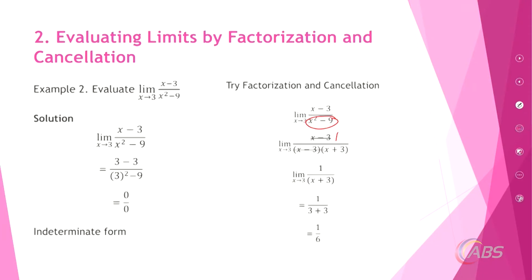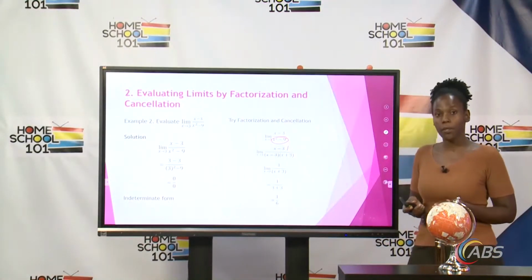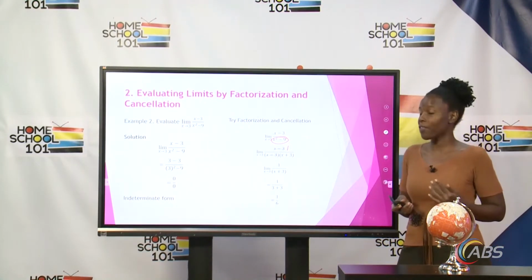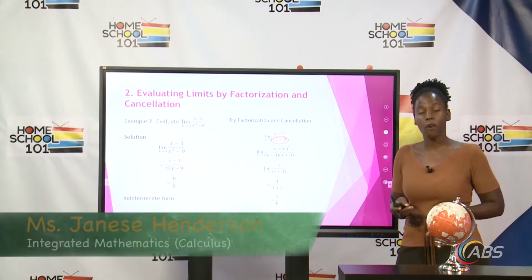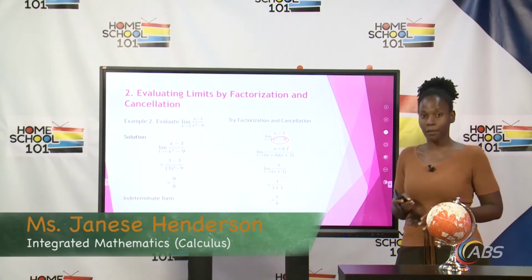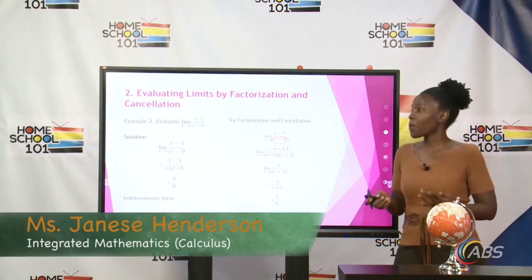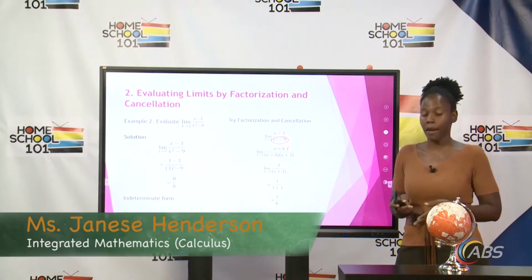If I substitute x for 3 into this function, it becomes 1 divided by 3 plus 3, which gives me 1 divided by 6. So in cases where we attempt a direct substitution and we end up with 0 divided by 0, we know that this is an indeterminate form. Hence, we need to use the second method, which is the method of factorization and cancellation. We factor the terms, cancel, and then we do a direct substitution.